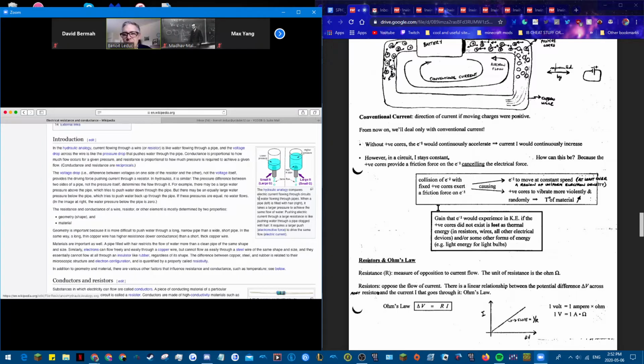So what we have here is a pipe, and there's a bit of water above, and this body of water will provide pressure, and water will go through this little pipe right here.